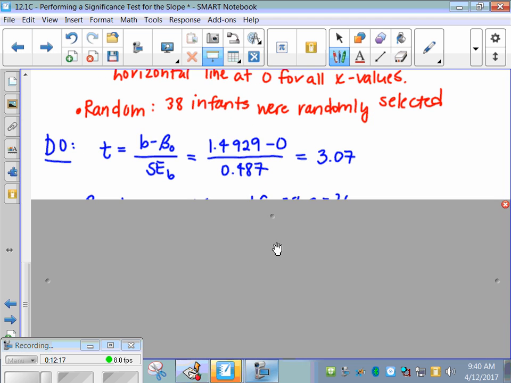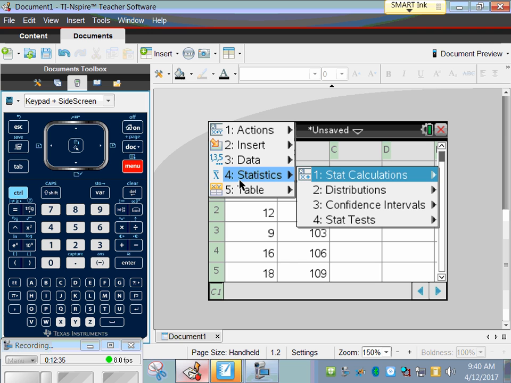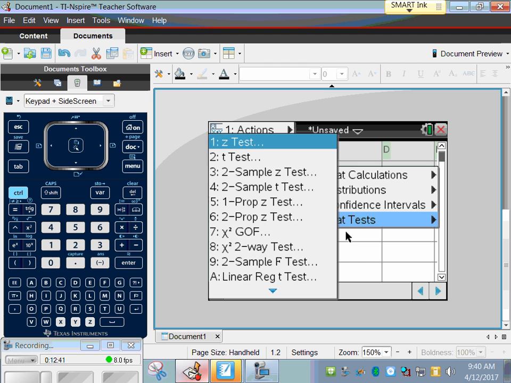And then our p-value, we can actually use our calculators, of course. I'm going to show you how to do this. You plug them into lists. You remember plugging into lists? If they don't have lists, go to menu, statistics. What do you think we go to? We're doing tests on this one, not confidence intervals. You want linear regression t-test.